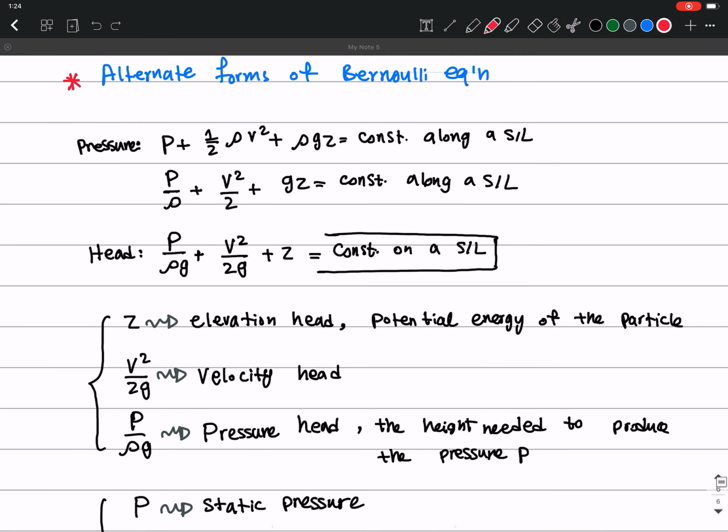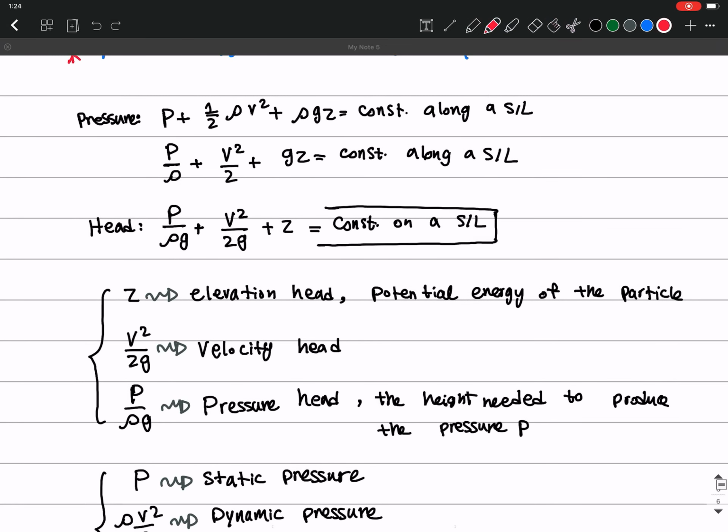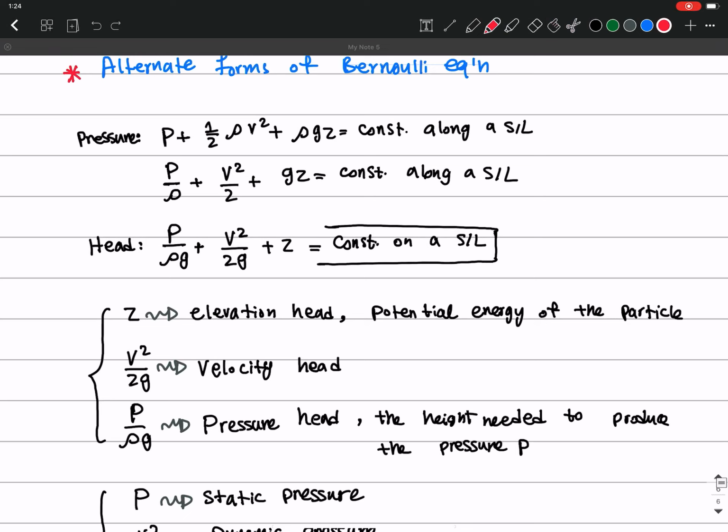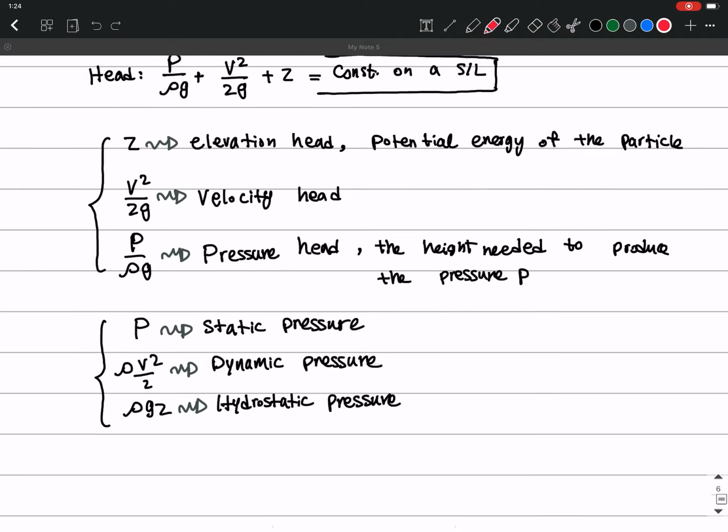In an incompressible steady flow. So you can use either the pressure interpretation or the head interpretation. The sum of the pressure head, velocity head, and elevation head is constant along the streamline. Okay?